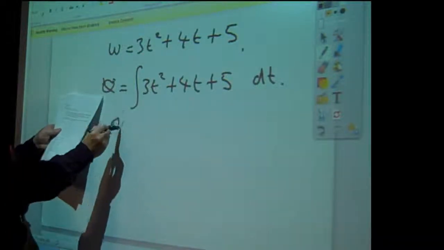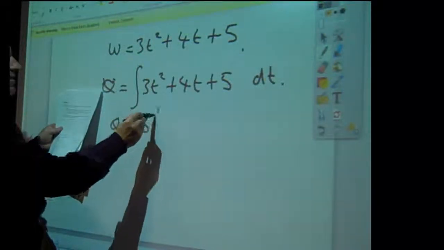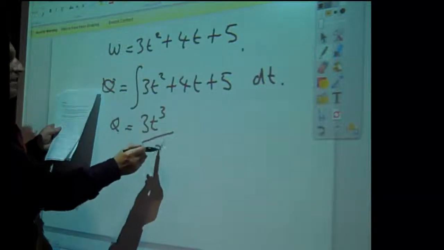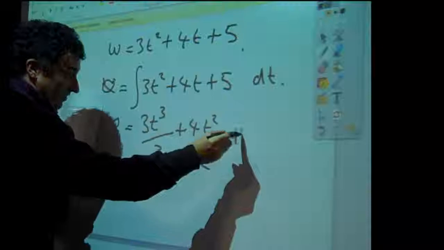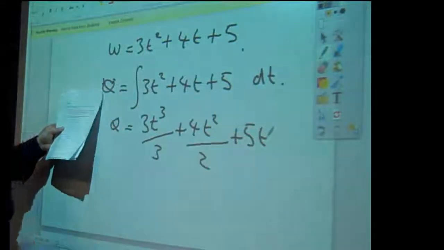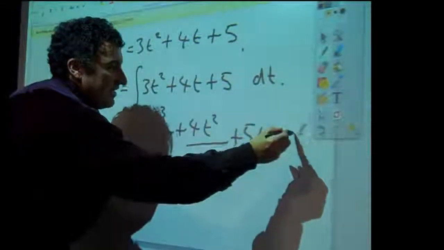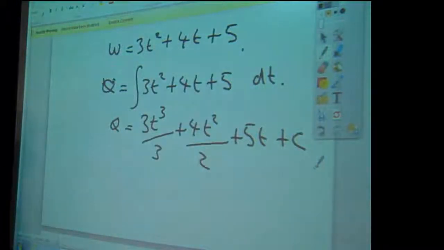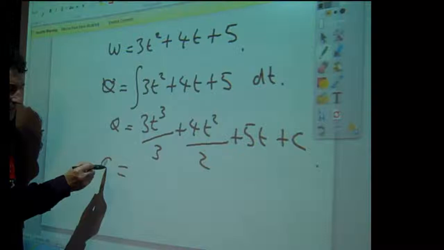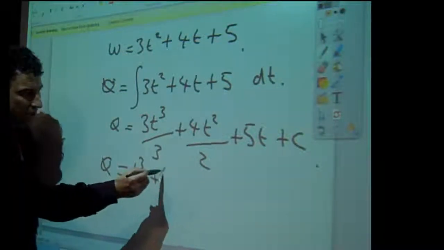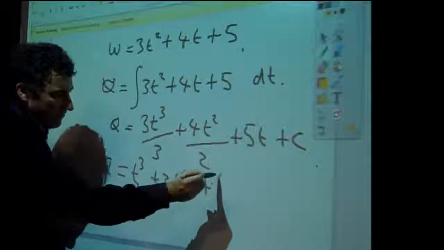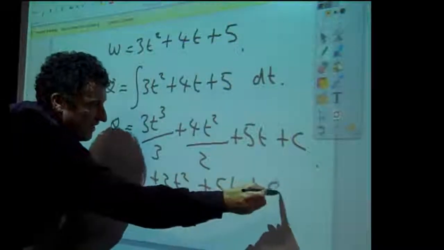So effectively we've got 3t cubed over 3 plus 4t squared over 2 plus 5t. But don't forget the constant of integration, c. We can simplify it down: these will cancel out, so you've got t cubed plus 2t squared plus 5t plus c.